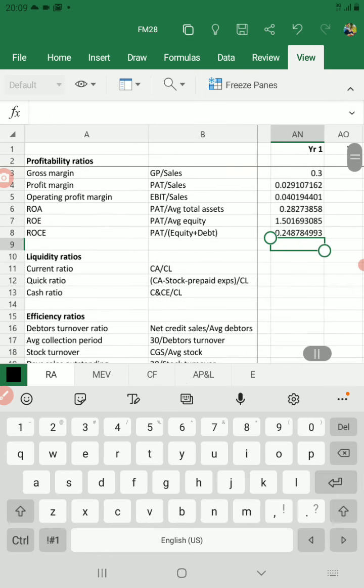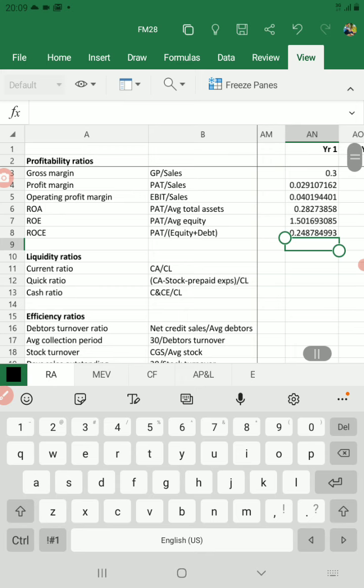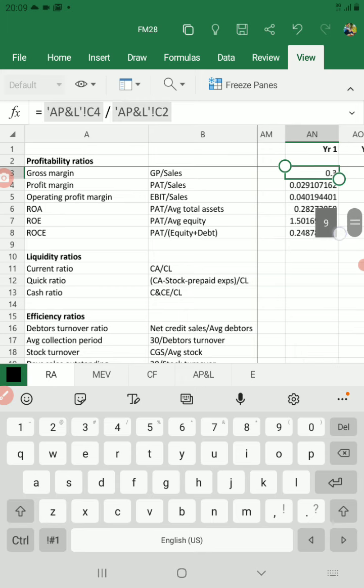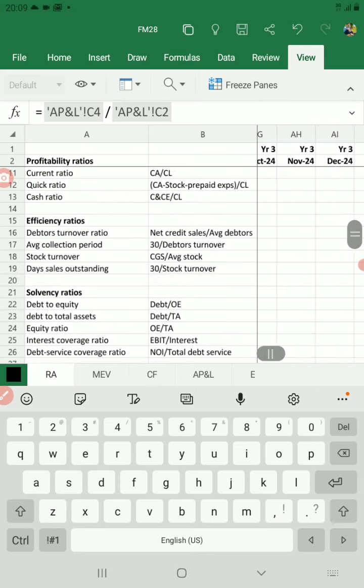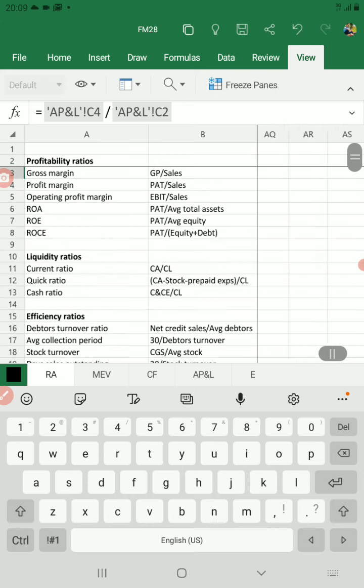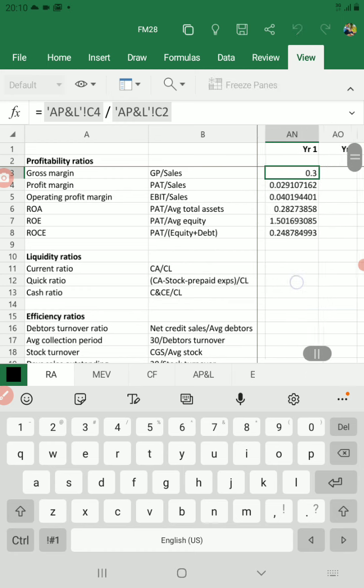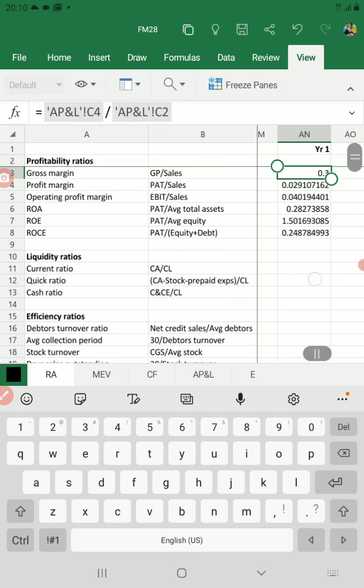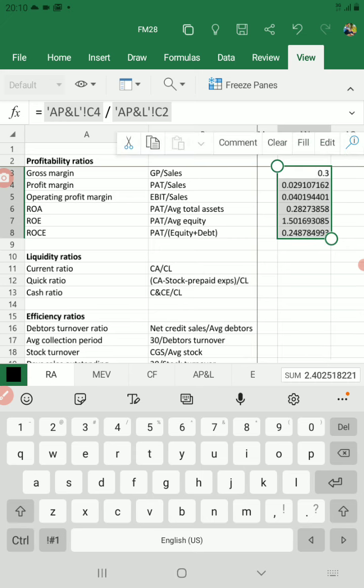So after doing that, now the same, we are putting all these in percentage terms. Oh, sorry, what have I done? Okay, so I'm selecting all these, put them in percentage terms.